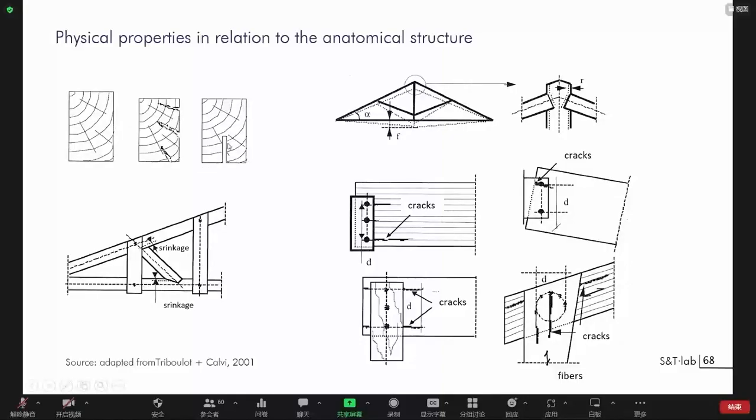If you are cutting the section in some specific way, this will control the way that timber changes dimension, and you are putting a kind of hole into it. But also this shrinkage linked to timber will drive some specific problems at joint connections.